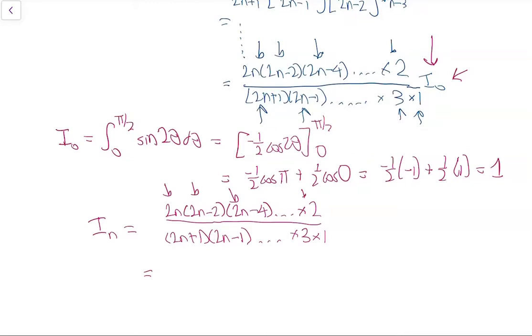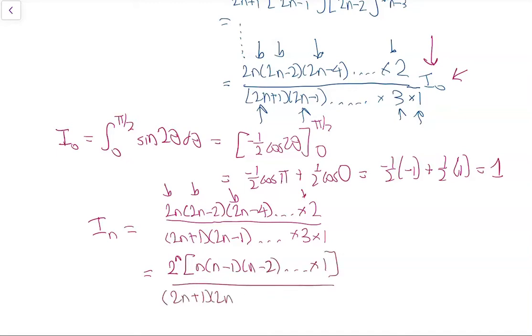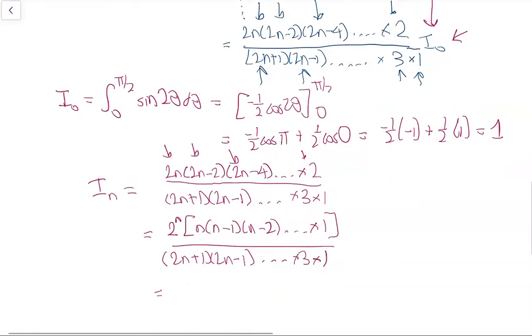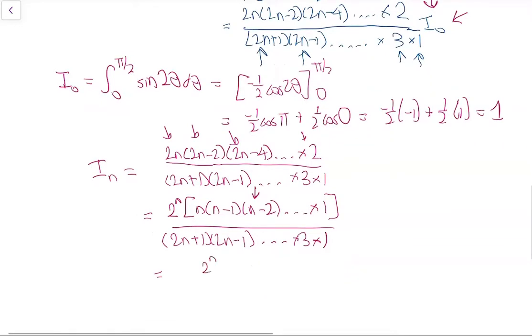So we can write it as 2 to the power of n, because there are n 2's, and we'll have n times n minus 1 times n minus 2 times up to 1. And we have the same thing as before here. The product of all numbers from 1 to n is the same as n factorial, so we can write it as 2 to the n times n factorial divided by 2n plus 1, 2n minus 1, ... times 3 times 1.